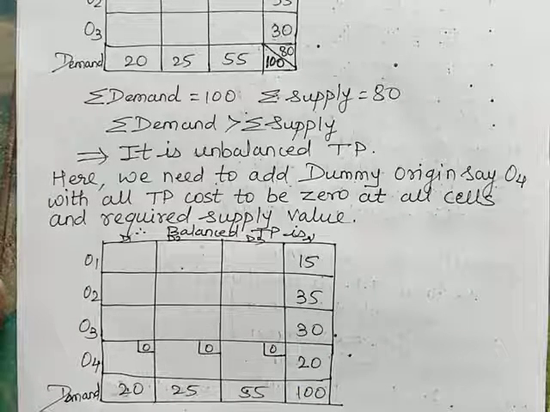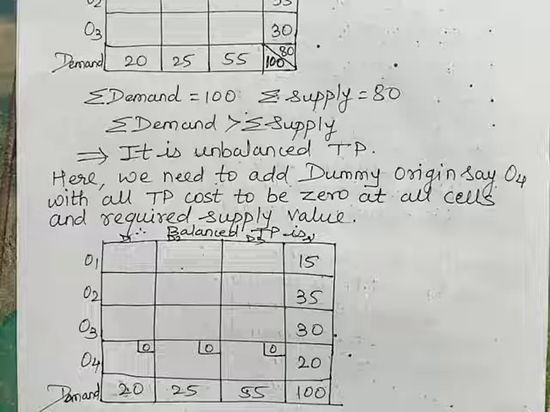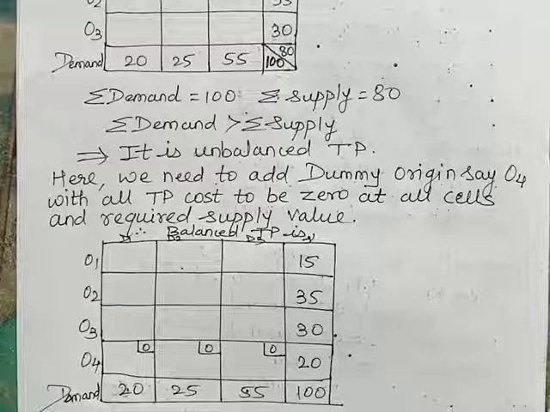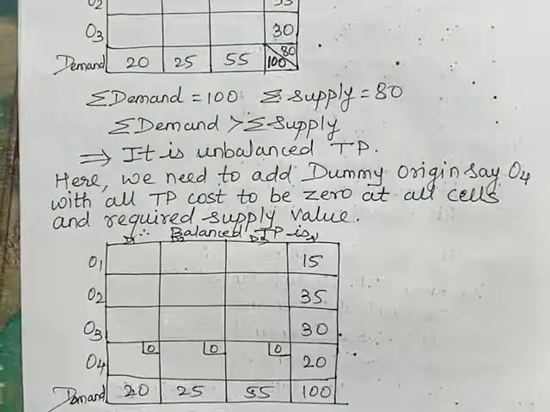So such an unbalanced TP we can reduce into balanced TP, either by adding a dummy destination or a dummy origin, and further we can solve it using our same methods, either finding the initial basic feasible solution or the optimal solution. Okay, so now let's go further for the problem.